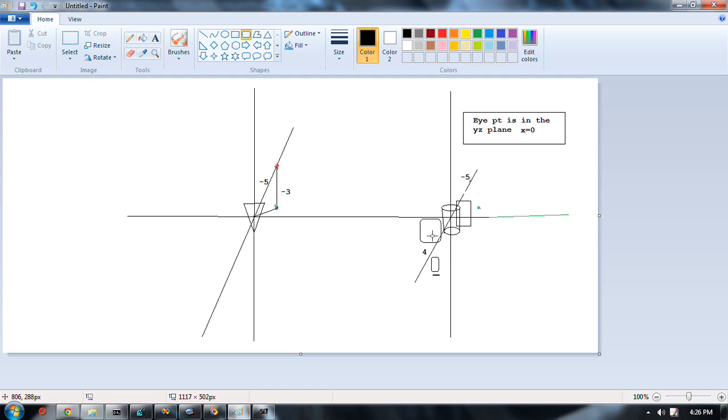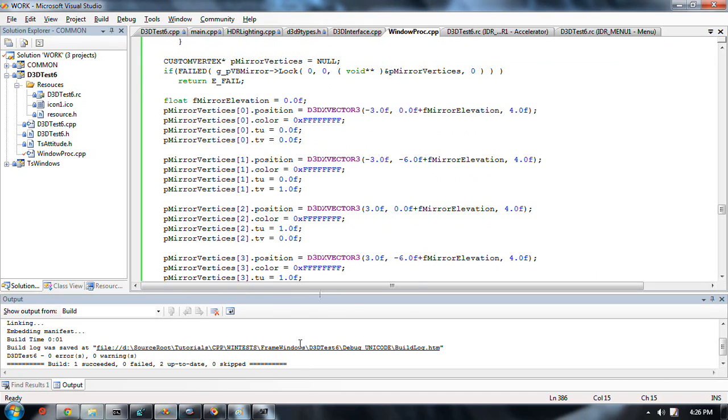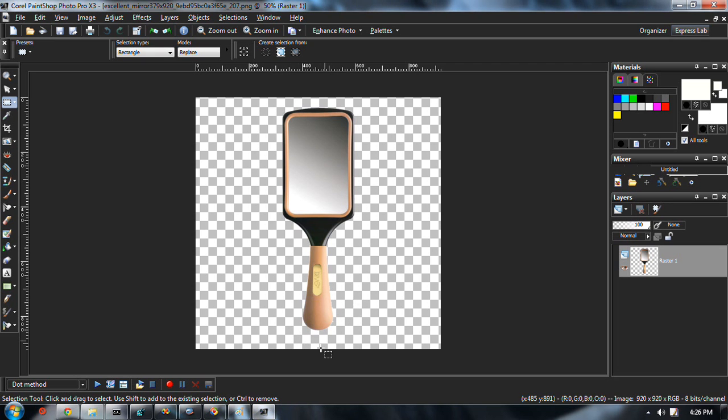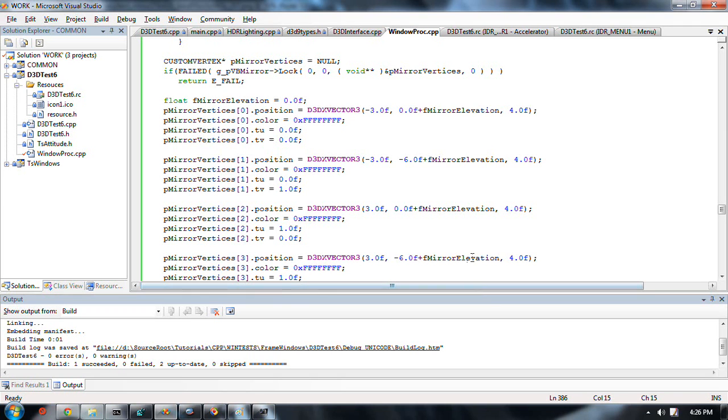Now it's touching. It's actually touching the axis. It would be, except for the fact that the picture itself has some extra space, so it doesn't touch the axis exactly.